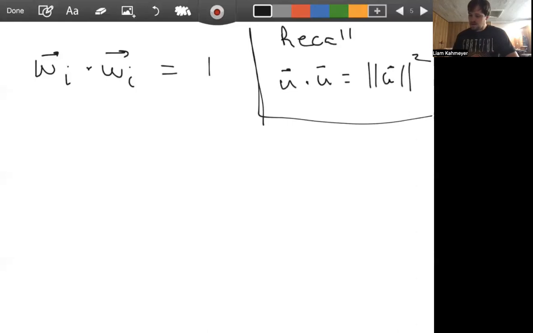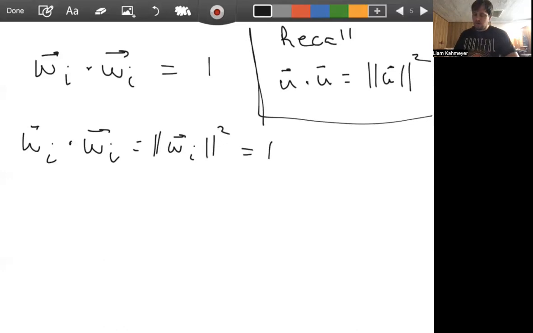So in this context, we have Wi dot Wi is equal to the magnitude of Wi squared, which equals 1, which implies that the magnitude of Wi equals 1.